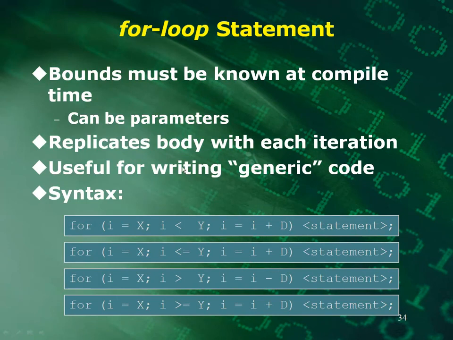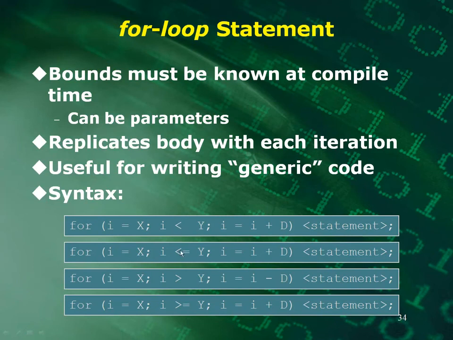Like I said, you can use for loop statements, and the bounds must be known at compile time, and it can be things such as parameters. Remember I showed you parameters or localparam. You can define values, or you can put constants right in here as long as you're using constants. So the loop can say for i equals some value to some other value.